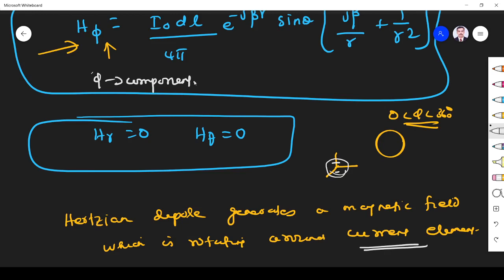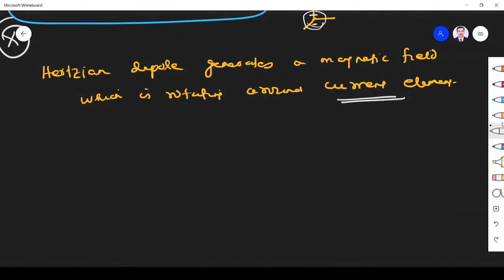This is a very important point to be noted. H has only the phi component, there is no R component, there is no theta component. This is a very important conclusion about the Hertzian dipole antenna. Okay.